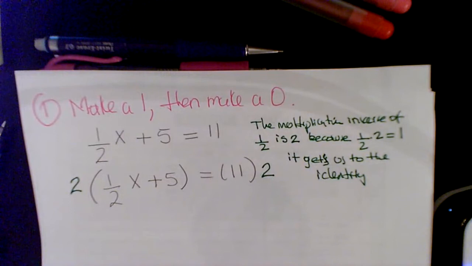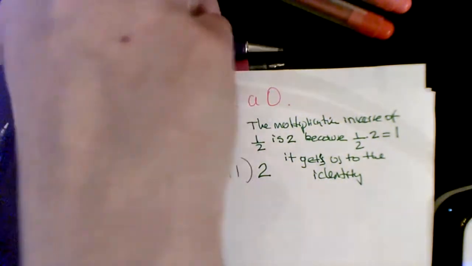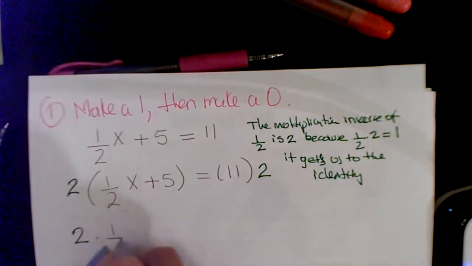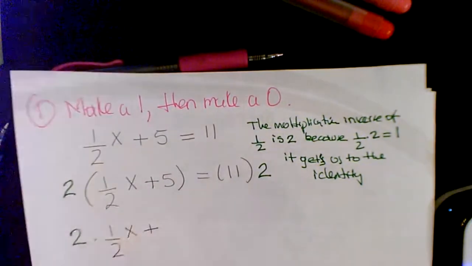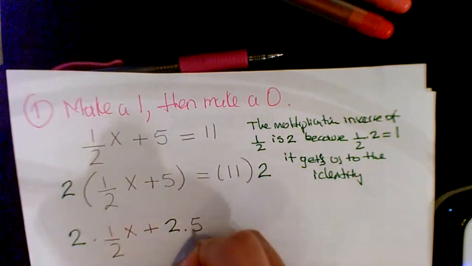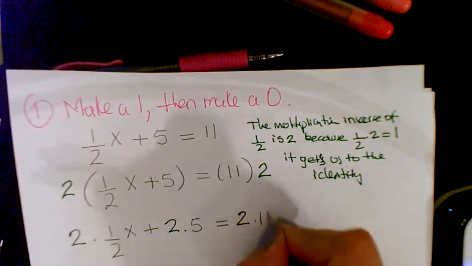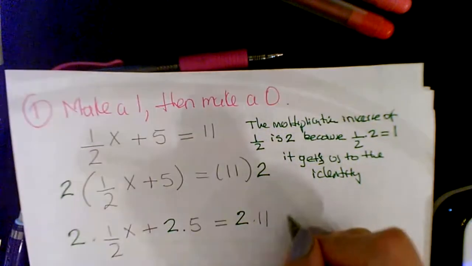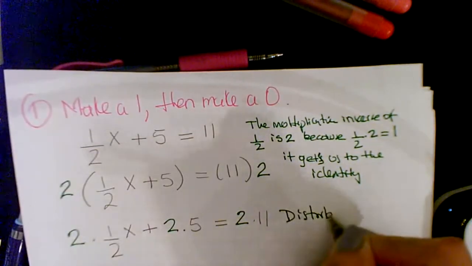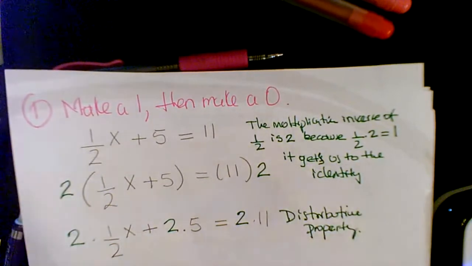Now that I did that, I'm gonna use the distributive property, right? So it's gonna be 2 times 1/2 x plus 2 times 5 is equal to 2 times 11. So distributive property.